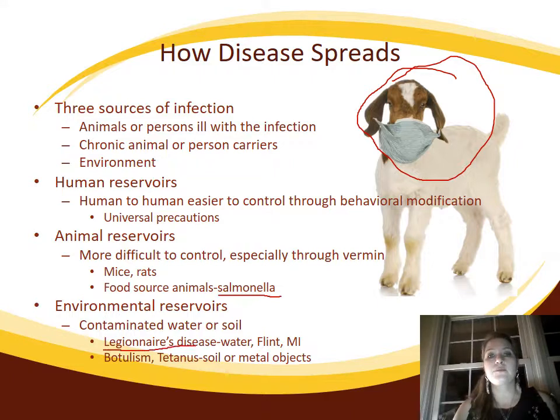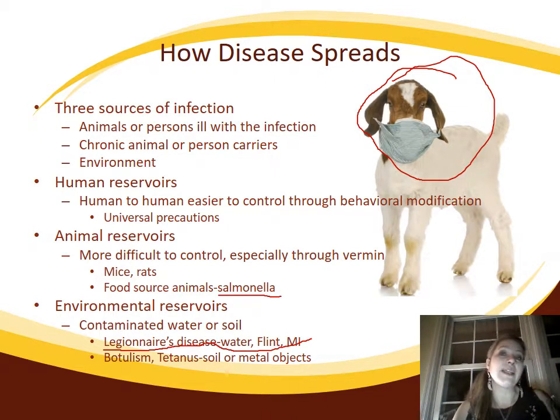Flint, Michigan, which is where I was born, actually, has been in the news a lot lately for the lead contamination in their water from switching water sources, and then one of the treatment chemicals within that water source degrades the pipes that the water travels through, thus all of the old lead pipes that are in a lot of the homes within the Flint area have degraded to the point where you end up with lead contamination in the water.